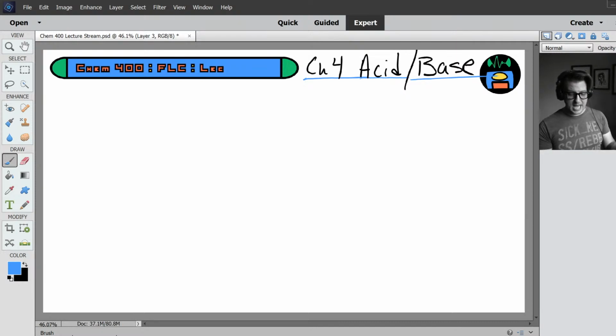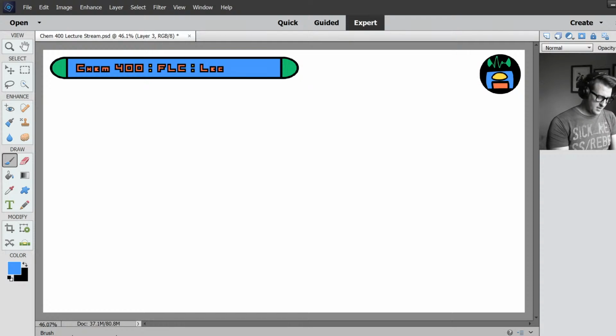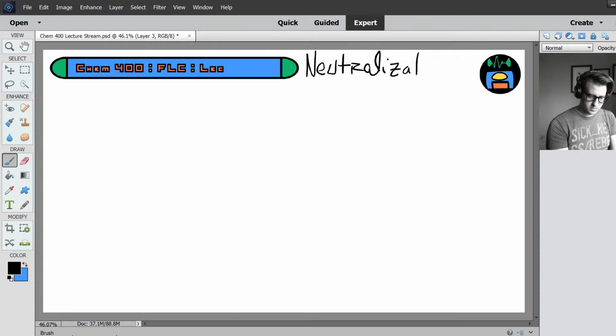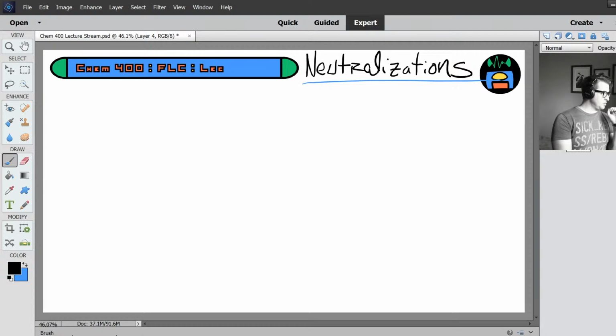So with that knowledge, we're ready to look at our first type of acid-base reaction, and that is neutralization reactions. All right, we're going to look at acid-base neutralizations. And an acid-base neutralization looks like this.